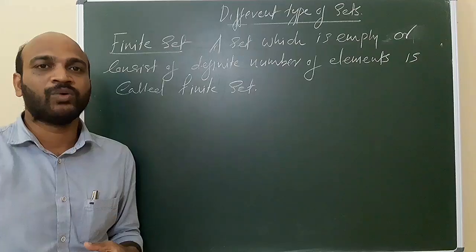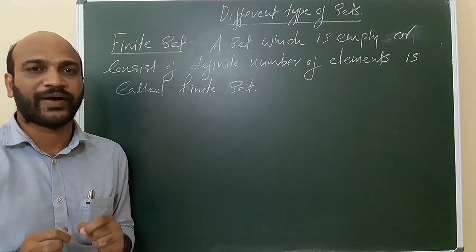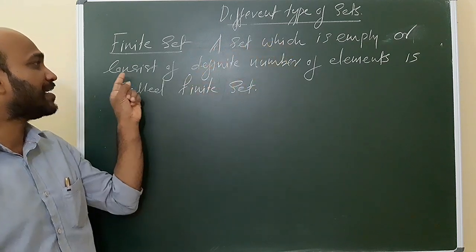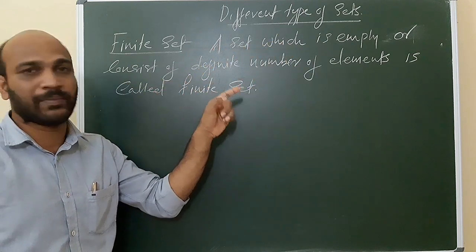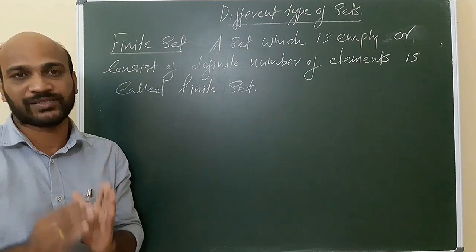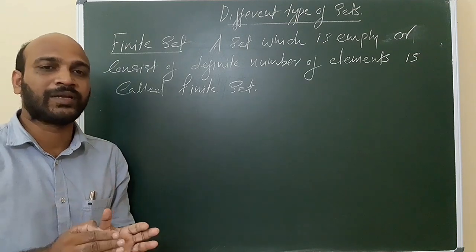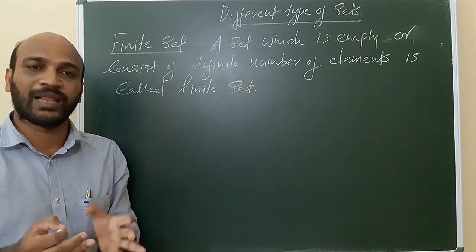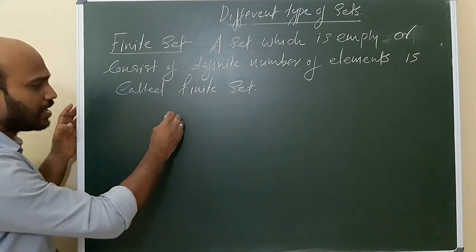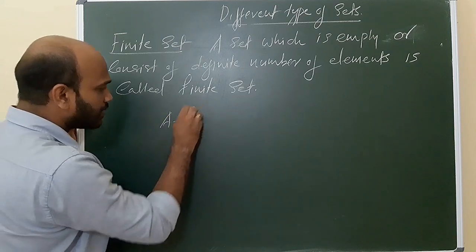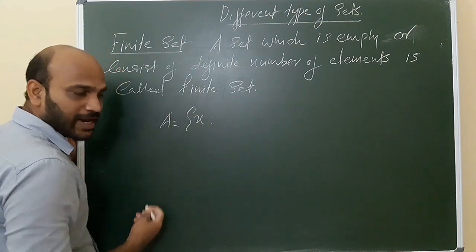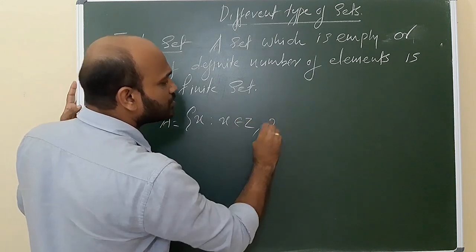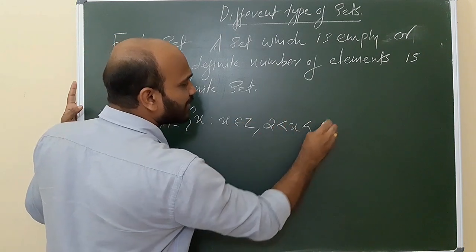Okay. Now the second type of set, that is the finite set. A set which is empty or consists of a definite number of elements is called a finite set. It can be empty or should consist of a definite number of elements. For example, A equal to the set of all x such that x belongs to Z and 2 less than x less than 8.